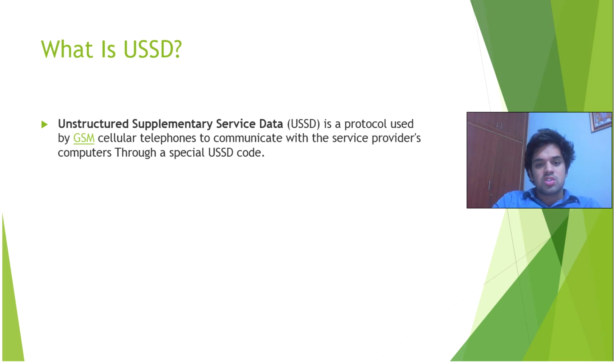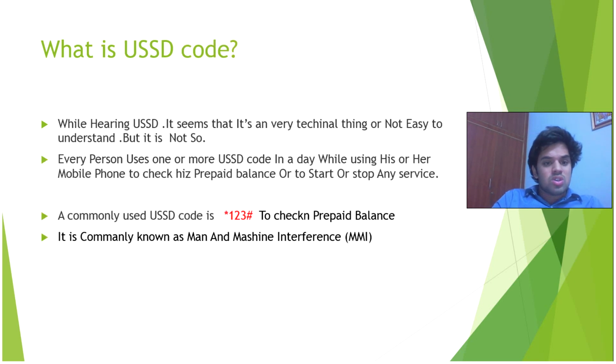Unstructured Supplementary Service Data is a protocol used by GSM cellular telephones to communicate with the service provider's computer through a special USSD code. So what is a USSD code? While hearing USSD, it seems like a technical thing that is not easy to understand, but it is not so.